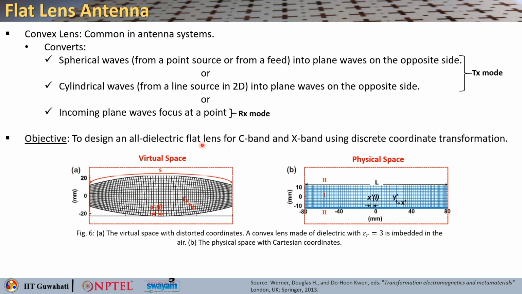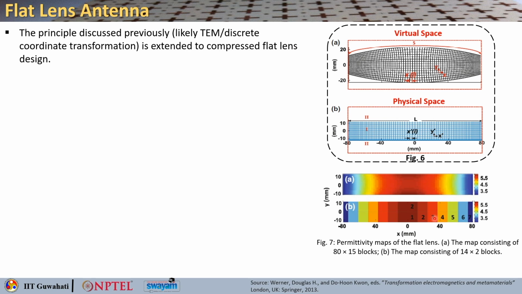The objective here would be to design an all-dielectric flat lens for C band and X band using discrete coordinate transformation. This particular figure shows the virtual space with distorted coordinates. This is typically a convex lens made of dielectric with permittivity epsilon r equals 3 embedded in air, and this is the physical space with the Cartesian coordinate system.